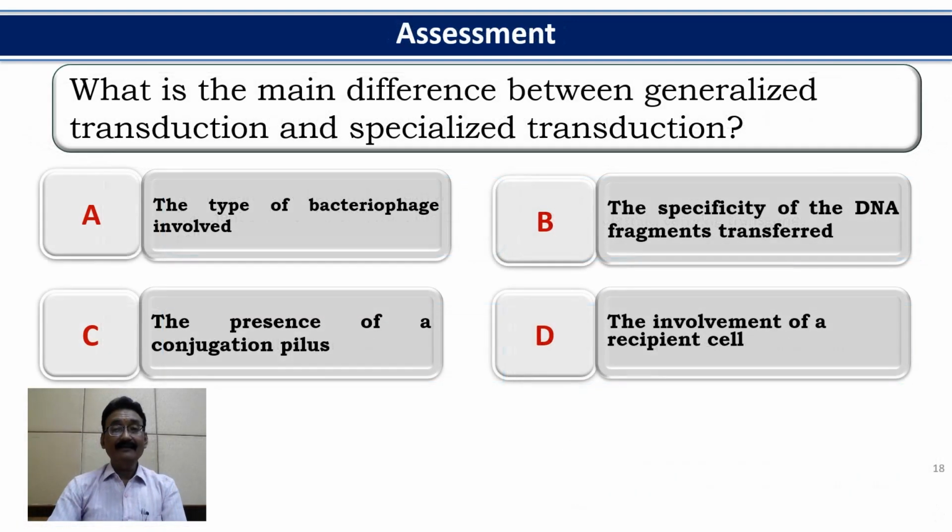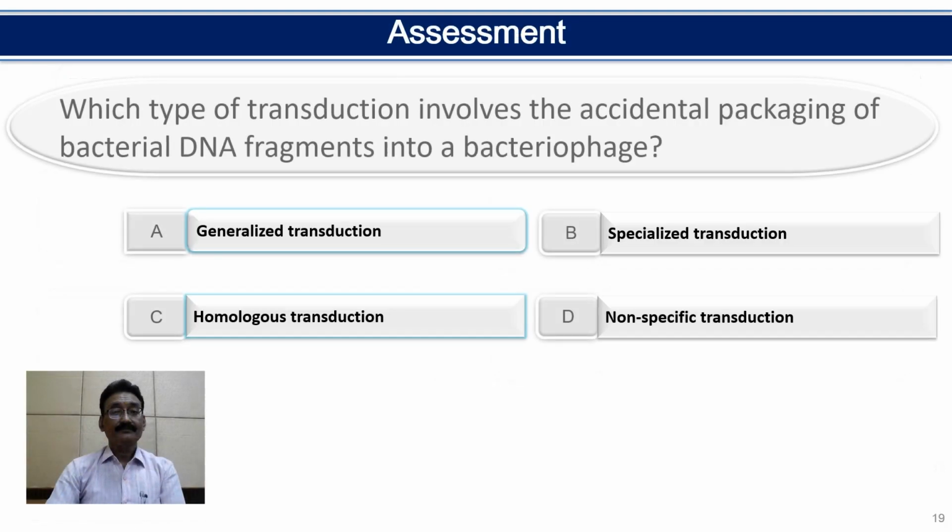What is the main difference between generalized transduction and specialized transduction? The answer is the specificity of the DNA fragments transferred. Which type of transduction involves the accidental packaging of bacterial DNA fragments into bacteriophages?